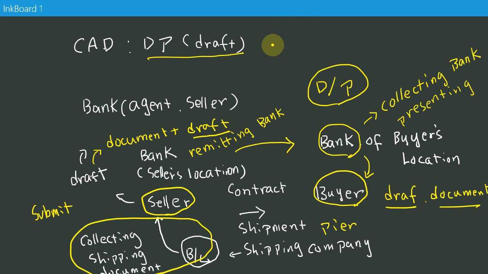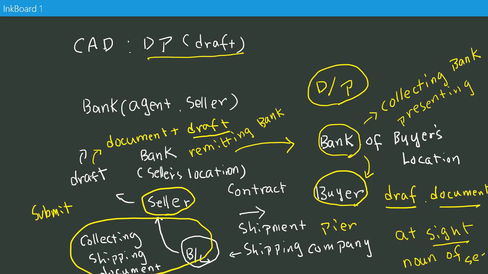Okay, in DP, once the bank of the buyer's location presents the document and draft as sight. The meaning of as sight: as soon as the buyer sees the document and draft, that's sight. Sight is known from the verb see.